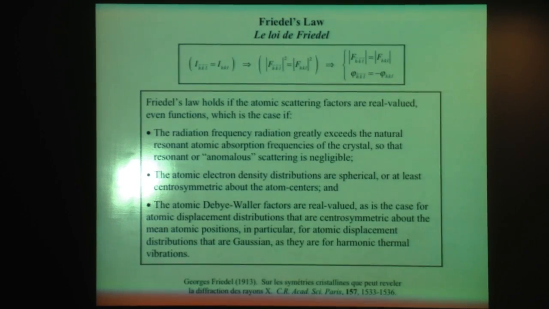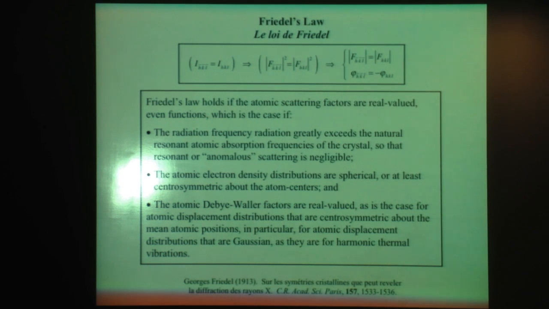Okay, so Friedel's law holds if the atomic scattering factors are real valued, which we assumed on the previous slide, and that they are even functions, that the atomic scattering factor on one side of the atomic nucleus is the same as on the opposite side.